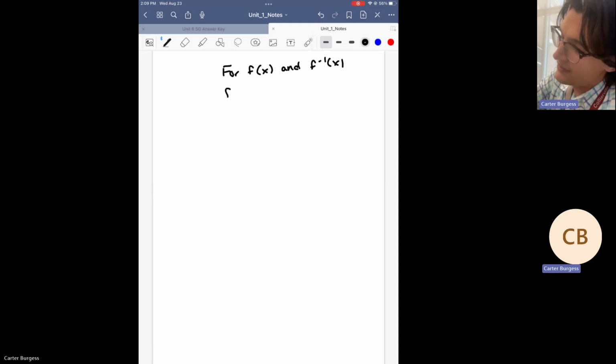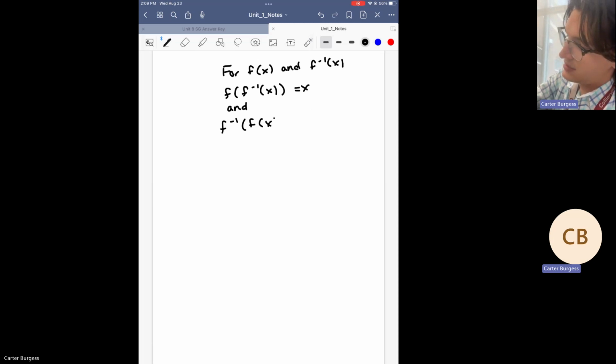That is to say that f of f inverse of x is equal to x, and that f inverse of f of x is equal to x.